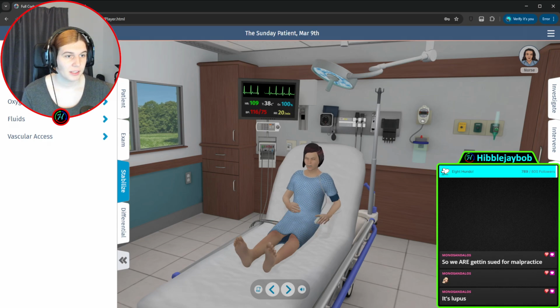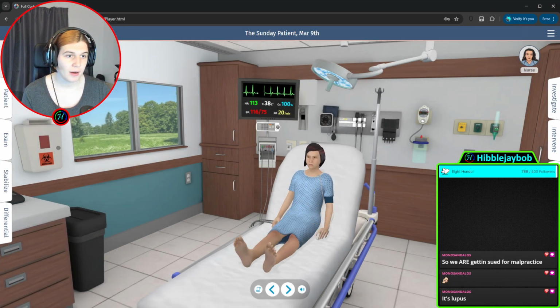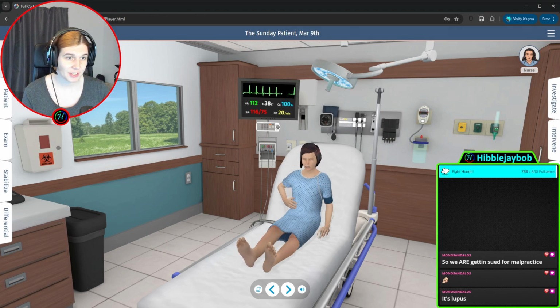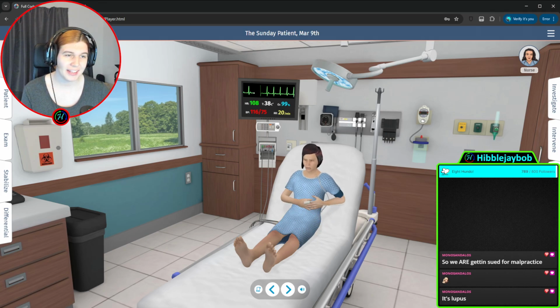Okay, so looking at this, we've basically got a low-grade fever with a temperature of 38. Oxygen saturations are good. Respiratory rate is high end of normal, but still normal. Our pulse is tachy, and our blood pressure is normal.